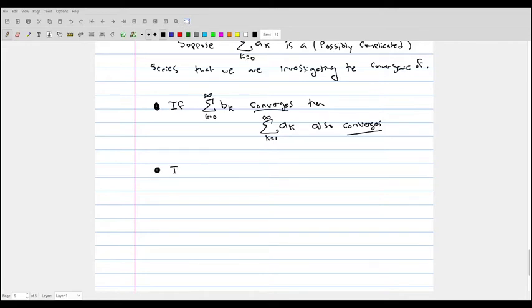Likewise, if the sum from k equals 0 to infinity is separate from this one right here, so let's assume instead that the sum of the lower series diverges, then the divergence of that lower series of positive sums forces the more complicated series of ak's to also diverge.